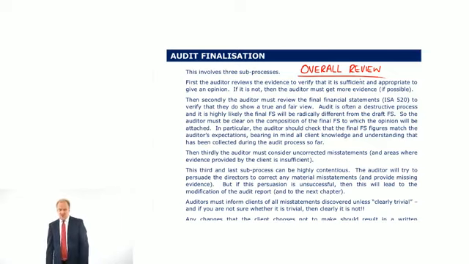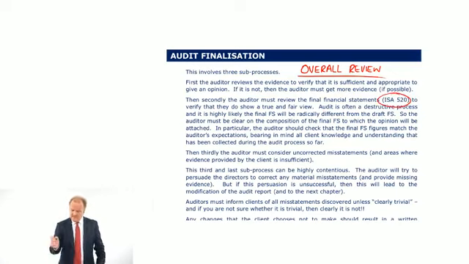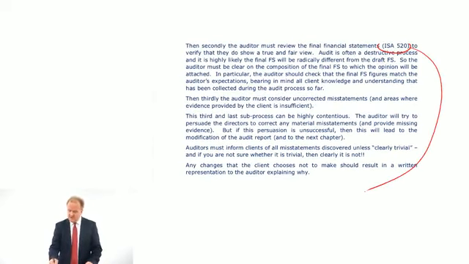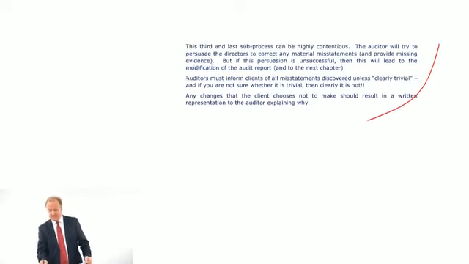One of the elements of overall review is based on ISA 520. Now, ISA 520 is called Analytical Procedures. We mentioned this actually earlier in the course, so a useful opportunity to remind ourselves. Let's come down here.